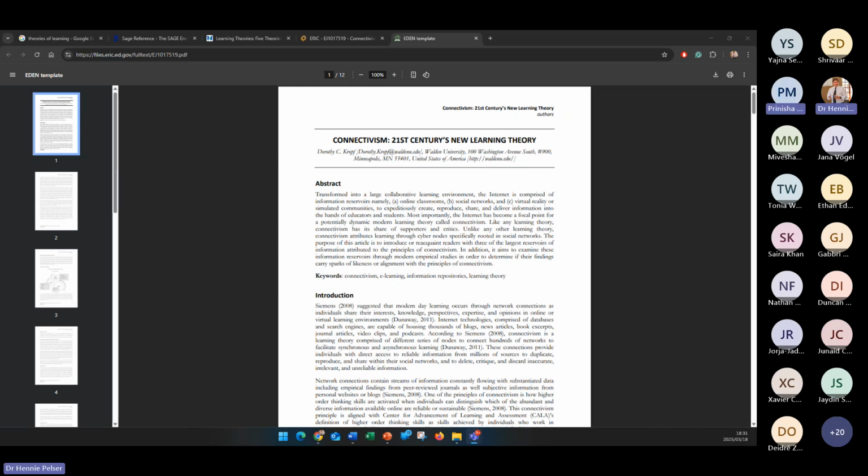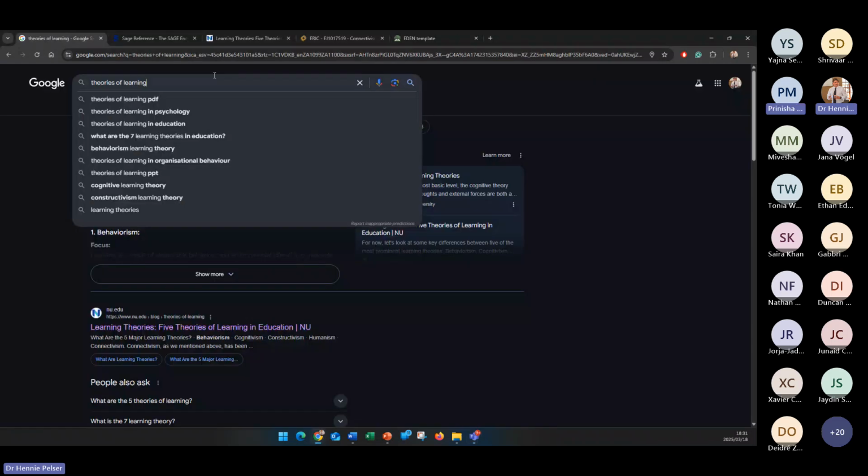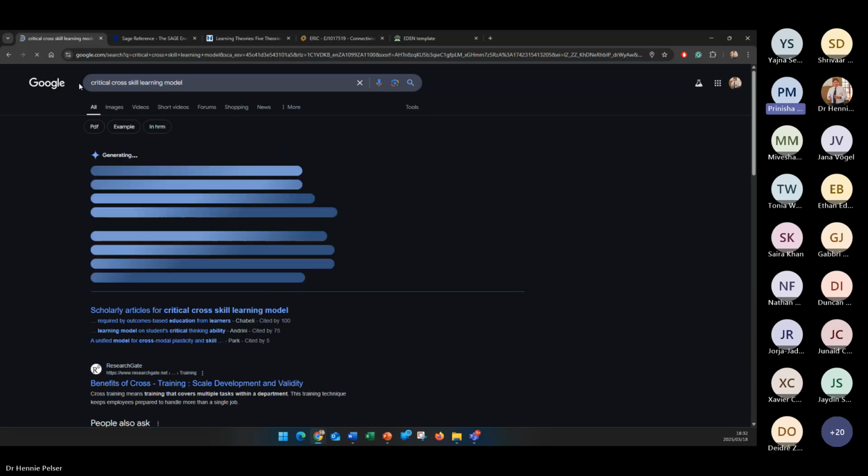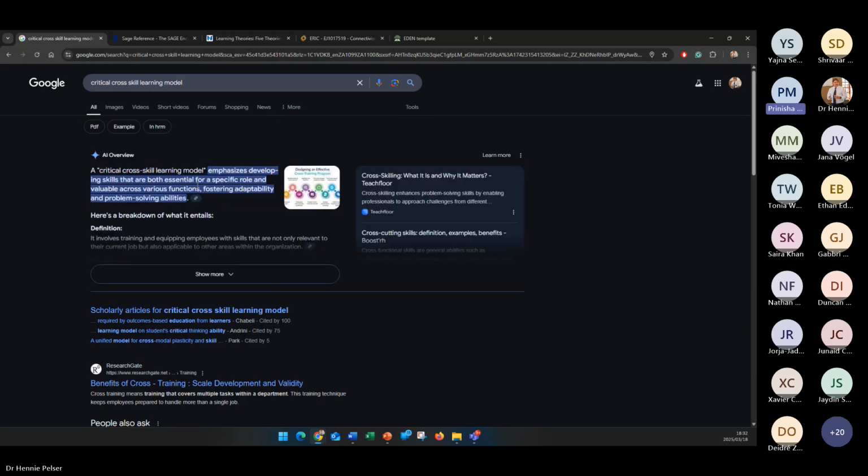Critical cross skill. I think I would use that, and then theory of learning, and then I would look at a critical cross skill model, critical cross skill learning model. I'm sure there's something. Well, I used to do this as part of the NQF learning model. There it is.